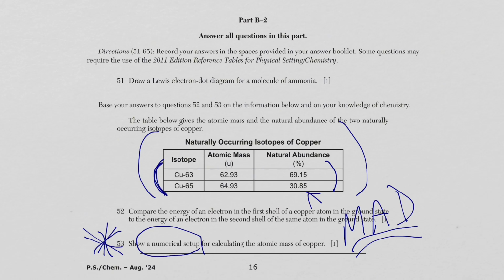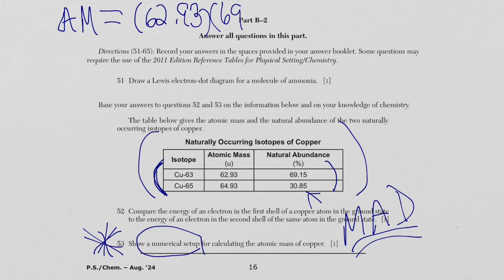First thing is, what are we multiplying? Well, we're going to multiply the atomic masses and the natural abundance. I'm going to put it up here. So my atomic mass for copper is equal to 62.93 times 69.15.